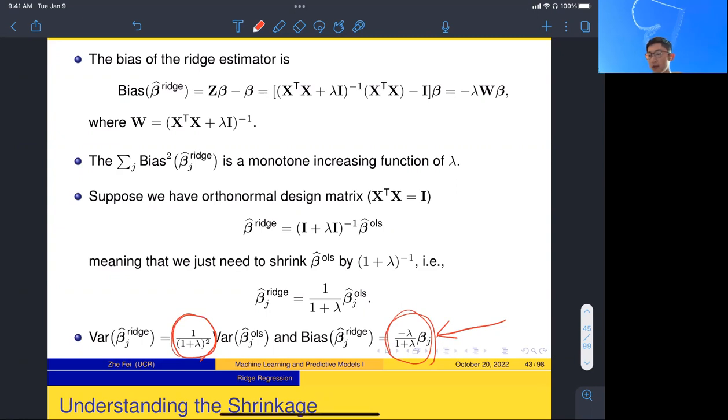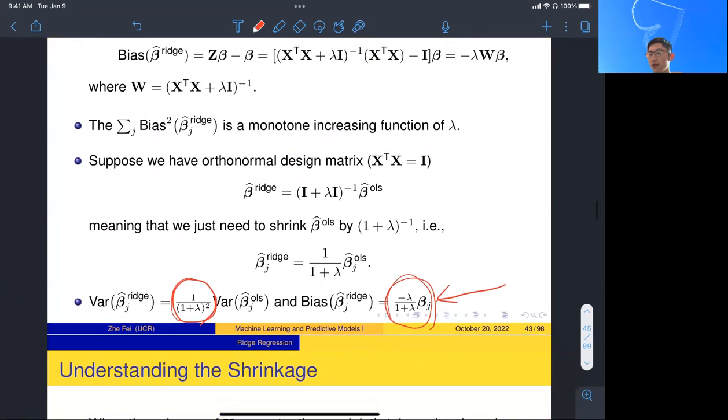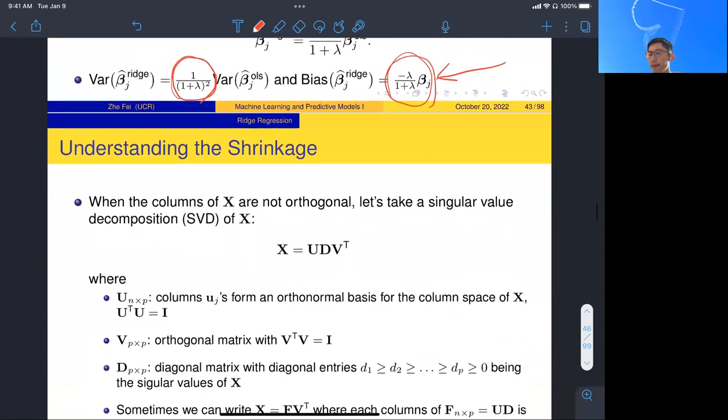The variance of beta hat ridge is smaller than the variance of beta hat OLS, and it's controlled by lambda. For larger lambda, this multiplier becomes smaller. So larger lambda means smaller variance but larger bias. That's the conclusion here.